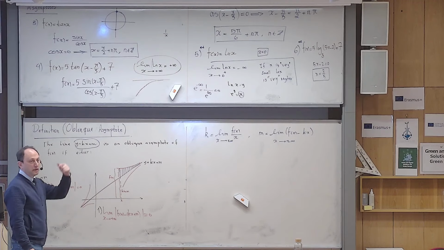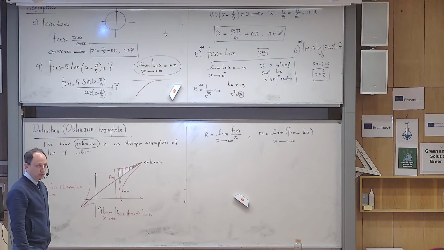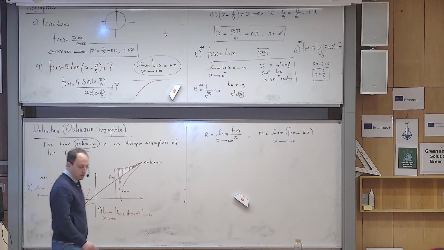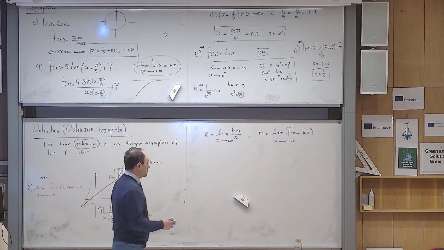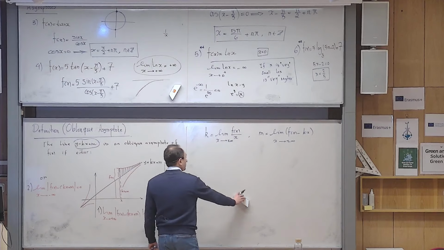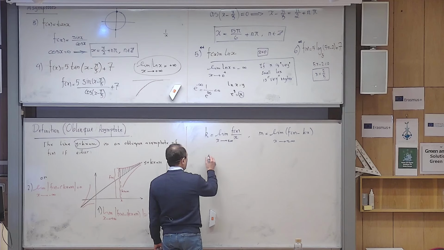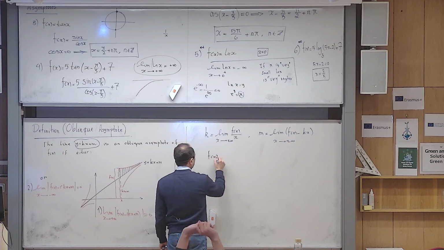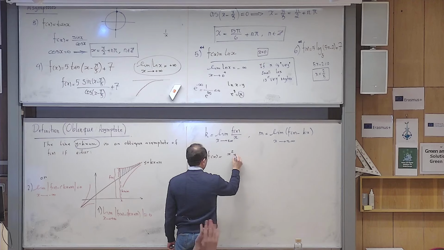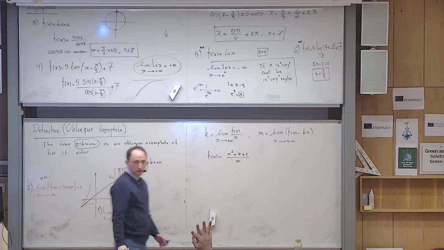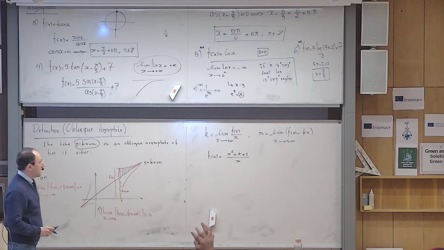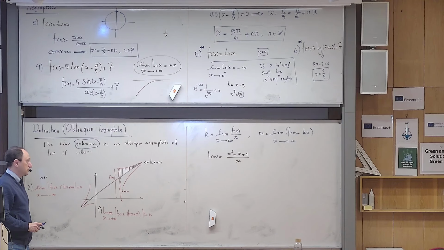And I don't recommend using them because there is a simpler way to do it. But let me give you a function, and I want you to find, using these formulas, the oblique asymptote. The function is f of x equals x squared plus x plus 1 over x. I want to find oblique asymptotes for this function if there are any.